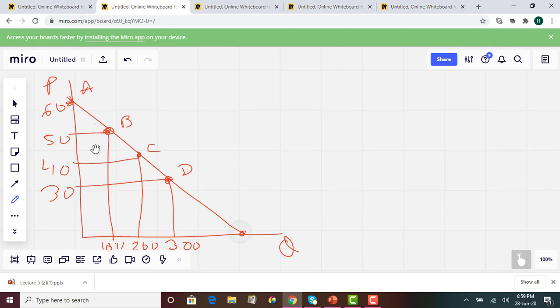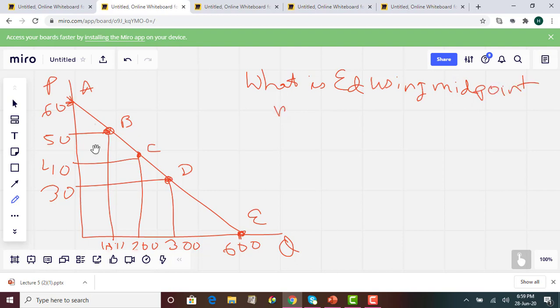And let's say you have point E at the very end, where price is 0 and quantity demanded is 600. Let's say you are given this graph, and I ask you to calculate the coefficient of elasticity of demand using the midpoint method. I will tell you which method to use in your homework or exam, so you know which formula to use.